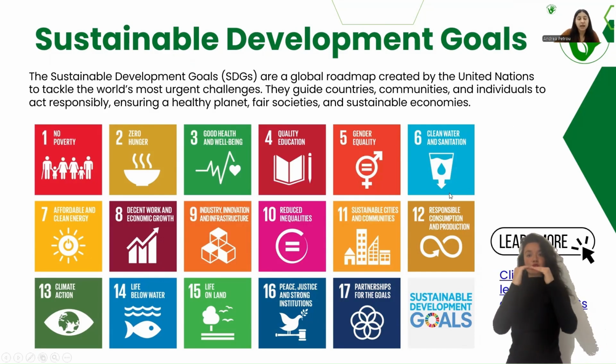And we can see some examples. It's a diverse system of goals. For example, the United Nations aims to address zero hunger, life on land, and gender equality. So it's an overall overview of what needs to be done in order to achieve sustainability.